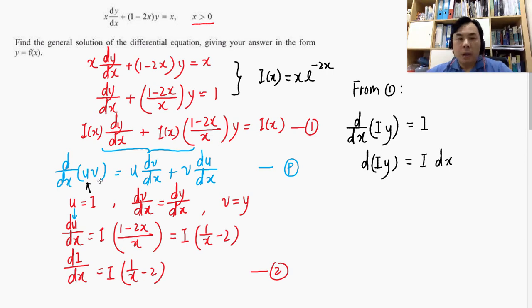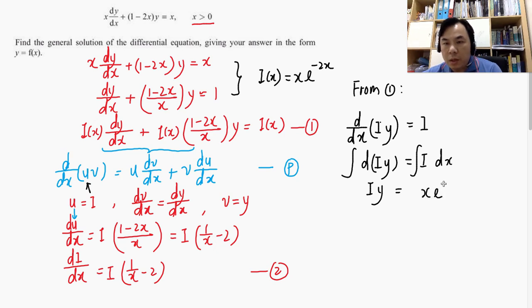And then after that, we're going to perform antiderivative on both sides. The left-hand side would certainly be Iy in this case. And our right-hand side would become the integration of our integrating factors, which is this one here. So that will be x e to the negative 2x dx. All right, I hope that is clear.